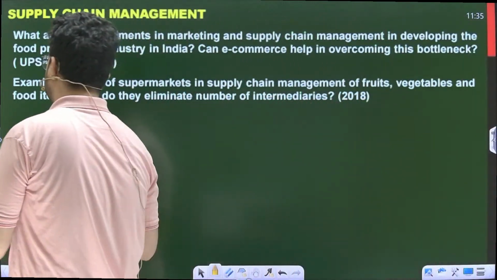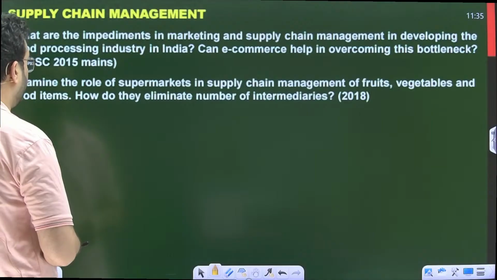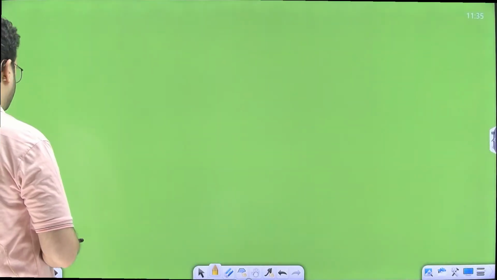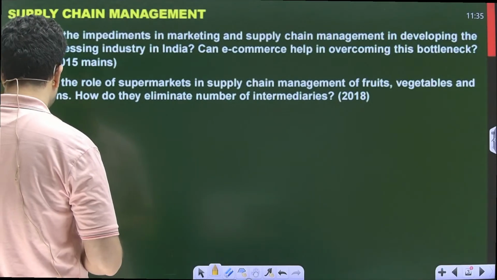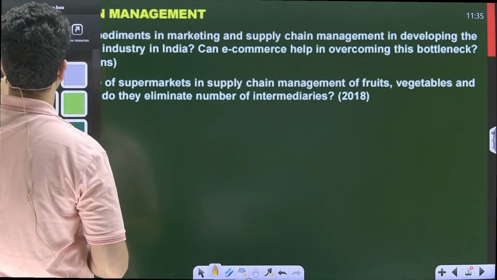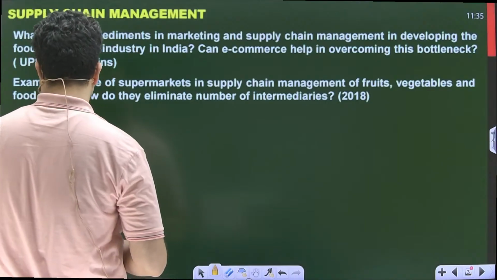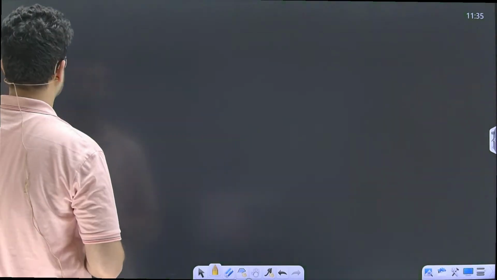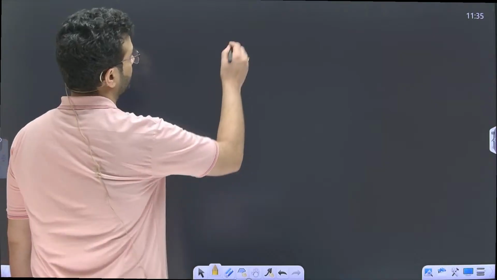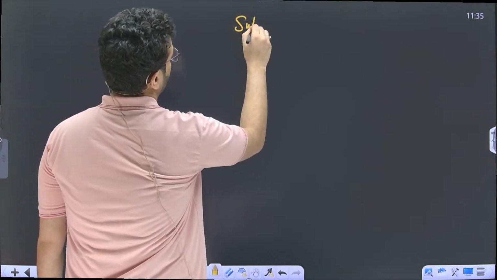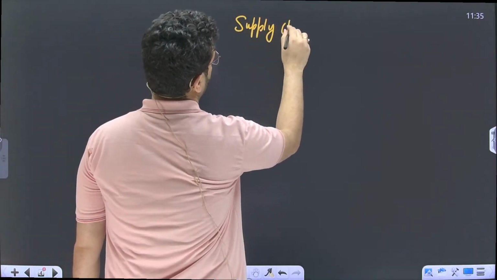So let's start with the concept first. What is the meaning of supply chain management? What is the concept of supply chain management? Let's discuss this first.